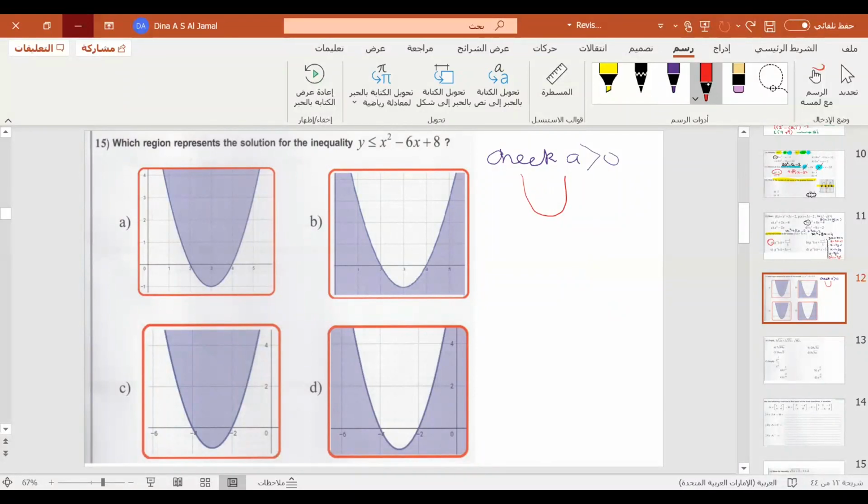Then I'm having inequality, less than or equal. That means first of all, I will be having a solid line. Second, because I know it is less than or equal, that means the shading will be below.